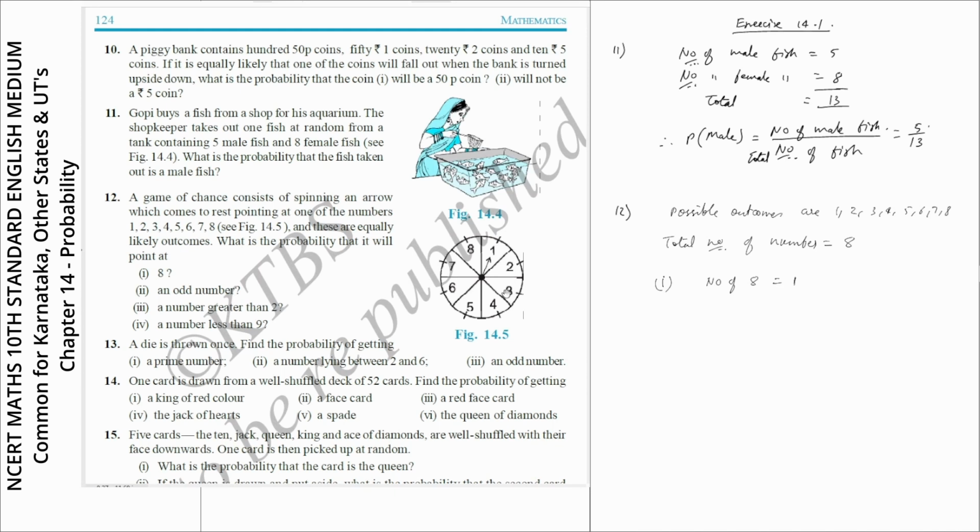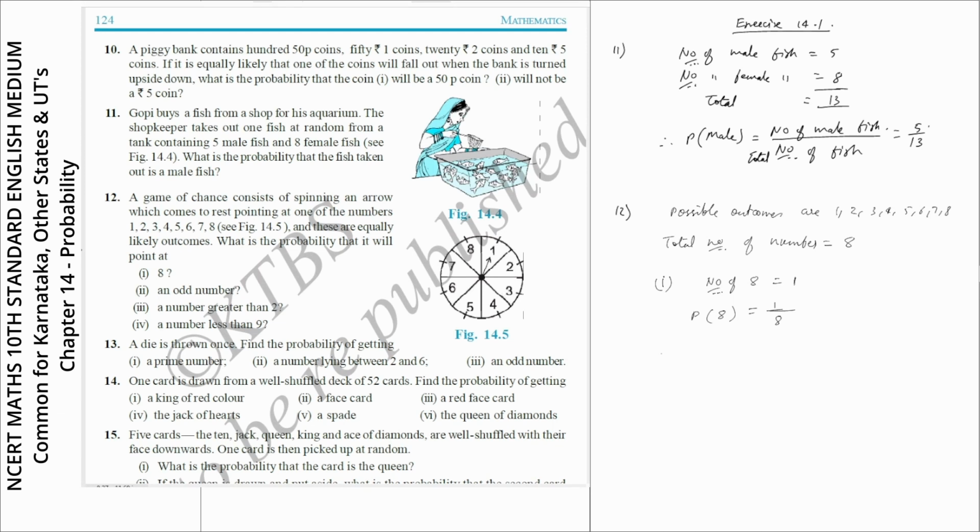Therefore probability that the arrow rests on number 8 will be equal to 1 by total number of numbers, which is 8. So 1 by 8 is the probability.